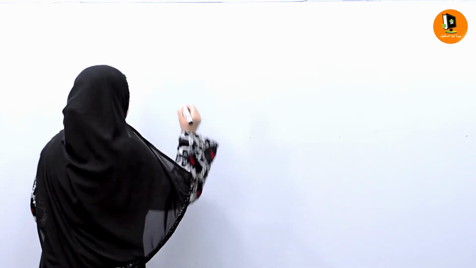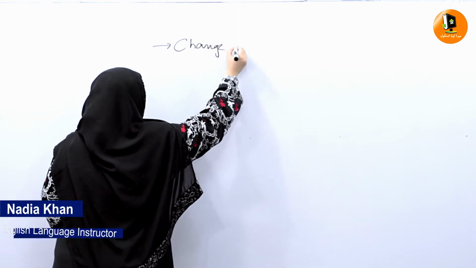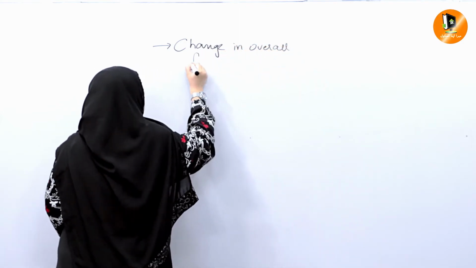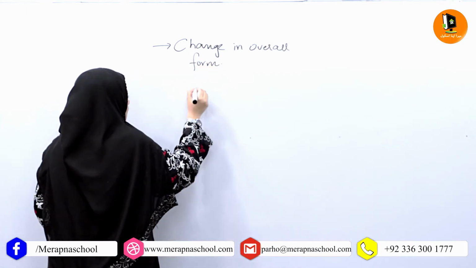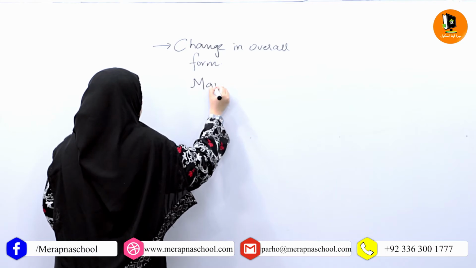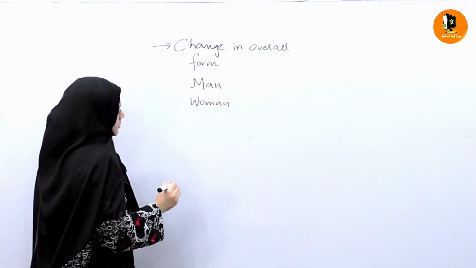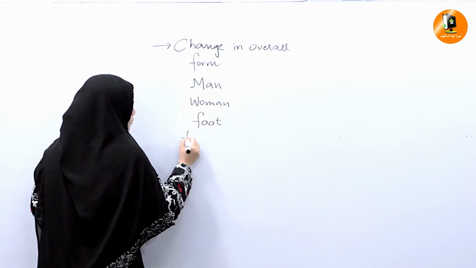In other cases, we change the overall form. Let's see how. Change in overall form. Example, man, woman, foot, tooth.